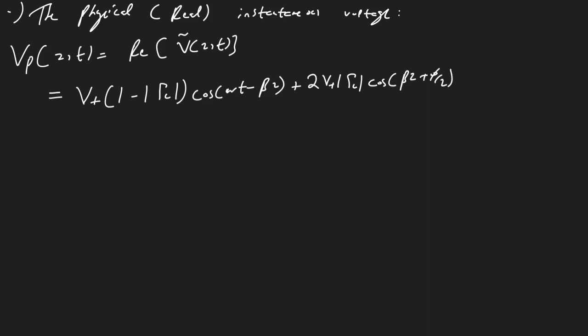Remember, phi is the phase of the reflection coefficient because the reflection coefficient was a complex number, times cosine of omega t plus phi by 2.